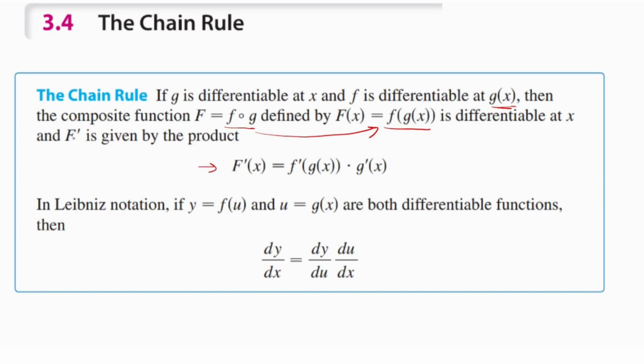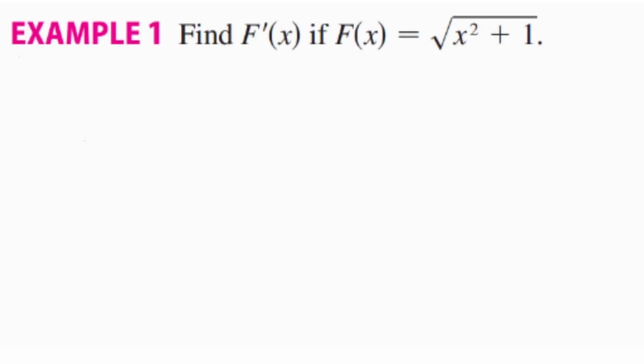So basically we will differentiate f at g of x and then multiply it by the derivative of g of x. Let's have a look at this example where we have to find f prime at x. F at x is going to be the square root of x squared plus 1.